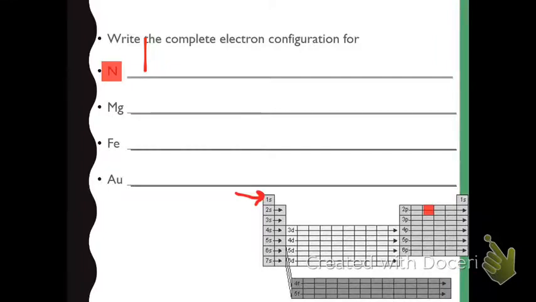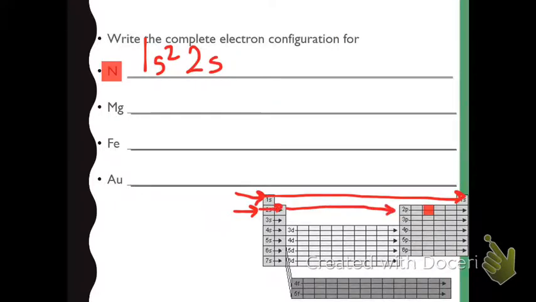So we always start with that 1s. And we're going through both of them this time to get through the whole first row. Come back to the second row. The first thing we hit is that 2s. But this time I have to go through both of them in order to get over to that P block. So that's going to be 2s2. Don't be confused and say 2s5, because these boxes over here that I am going to want to go through are 2p boxes, not 2s boxes.